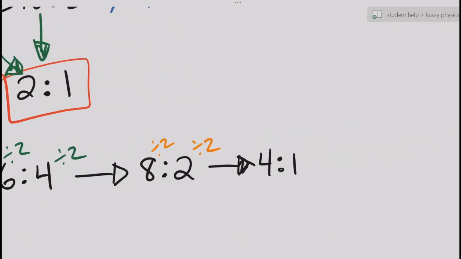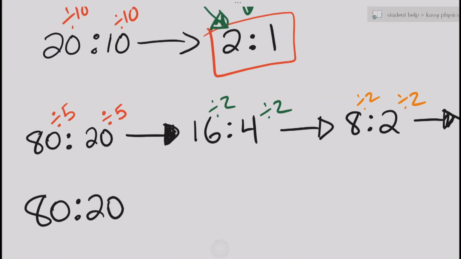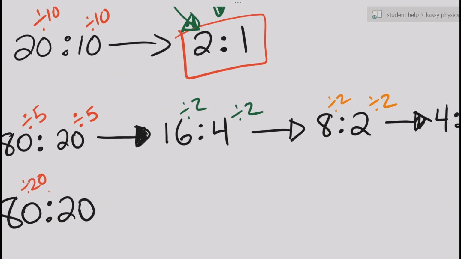That's okay. Now, somebody may have looked at this and said, 80 to 20, well, those are both divisible by 20. I can divide this by 20, and I can divide that by 20. And then 80 divided by 20 is 4. 20 divided by 20 is 1.